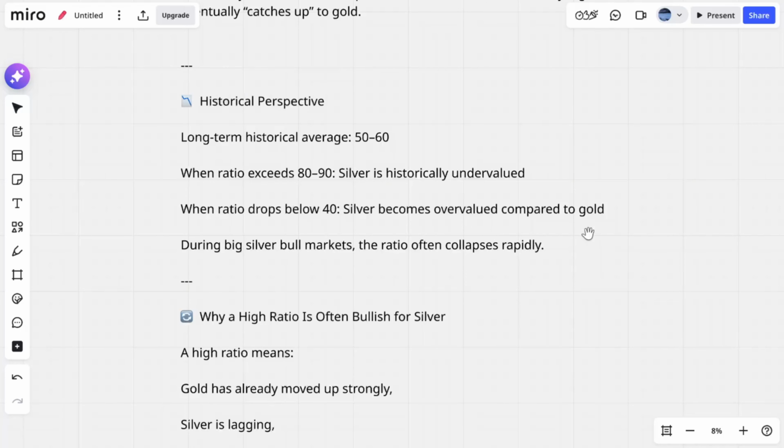So if it drops below 40, then it doesn't make sense to get into silver anymore. What I'm trying to tell you is there is still room to run for silver. It's not too late. During big silver bull runs, the ratio often collapses, so it can go lower than 40.